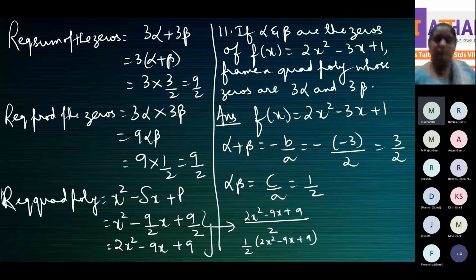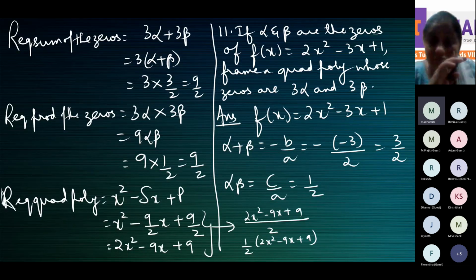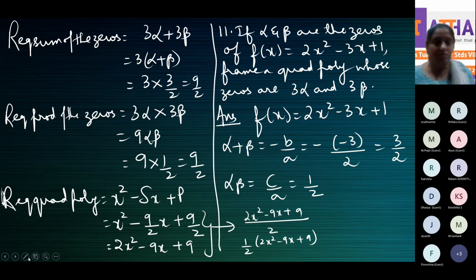Ma'am, we can also leave it as 2x squared minus 9x plus 9, no ma'am? Yes. It's not a continuation, children, I said or. Good, you asked me. See here, it's not a continuation, it's or.